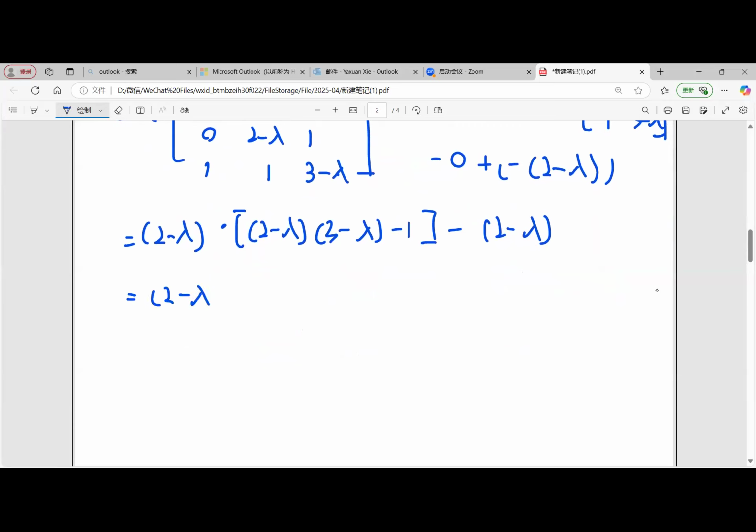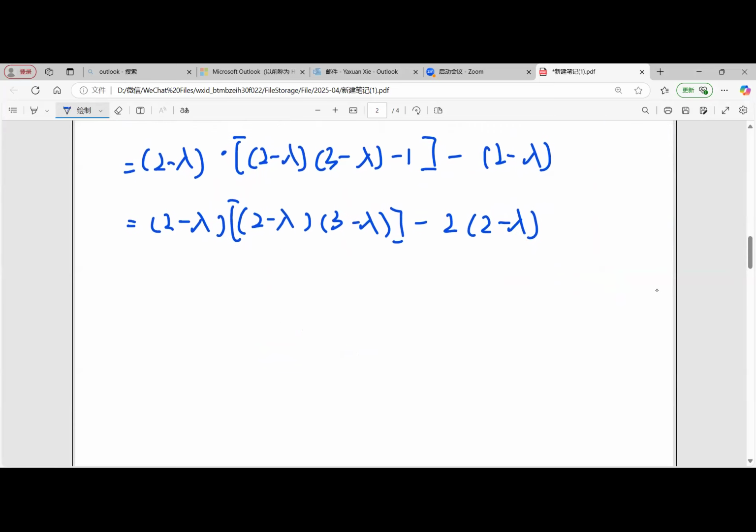And therefore we get 2 minus lambda, times (2 minus lambda)(3 minus lambda), minus 2 minus lambda.